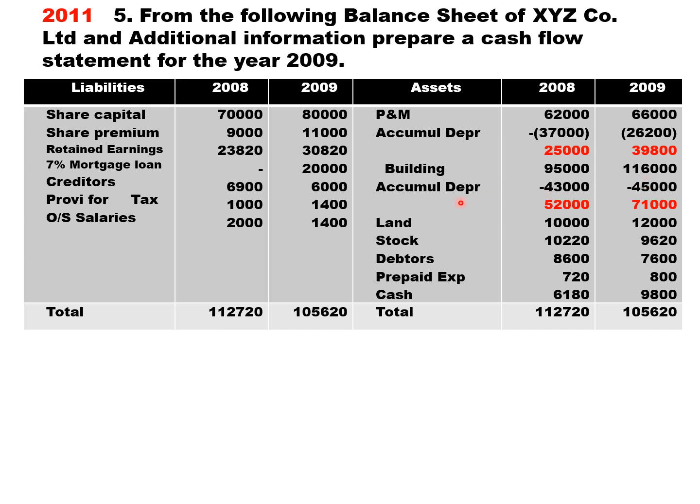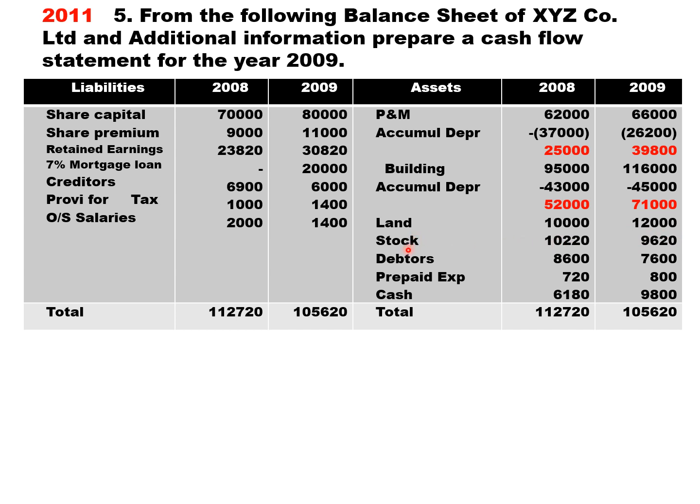Then deduct accumulated depreciation 43,000, 45,000. You get net building 52,000 and 71,000, which indicates that you should prepare building account and accumulated depreciation account. Land: compared to last year, there is an increase in land, which indicates that land is purchased for 2,000 rupees. It will come in investing activity.